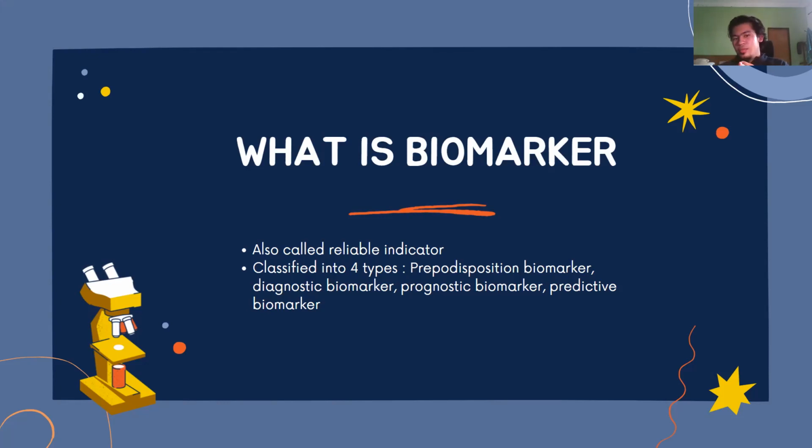For example, a diagnostic biomarker is usually used when we want to diagnose or analyze the protein that we want, or we can say a protein of interest. For example, when you want to find the protein that affects the height of the plant, we can use a diagnostic biomarker to find our gene of interest in the plant.